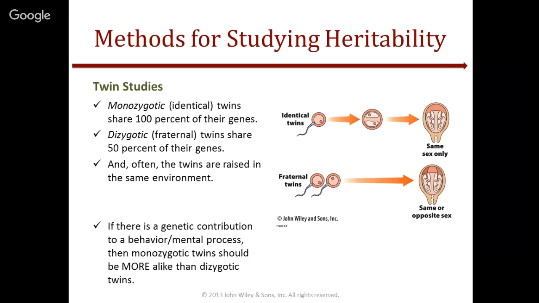Your textbook looks at different studies. It talks about the twin studies. It also talks about adoption studies, which we will look at in just a minute. Your twin studies looked at how identical twins versus fraternal twins share their genes and their makeup, and how even when they're raised in the same environment, there could be some differences presented. However, identical twins share 100% of the same gene pool.